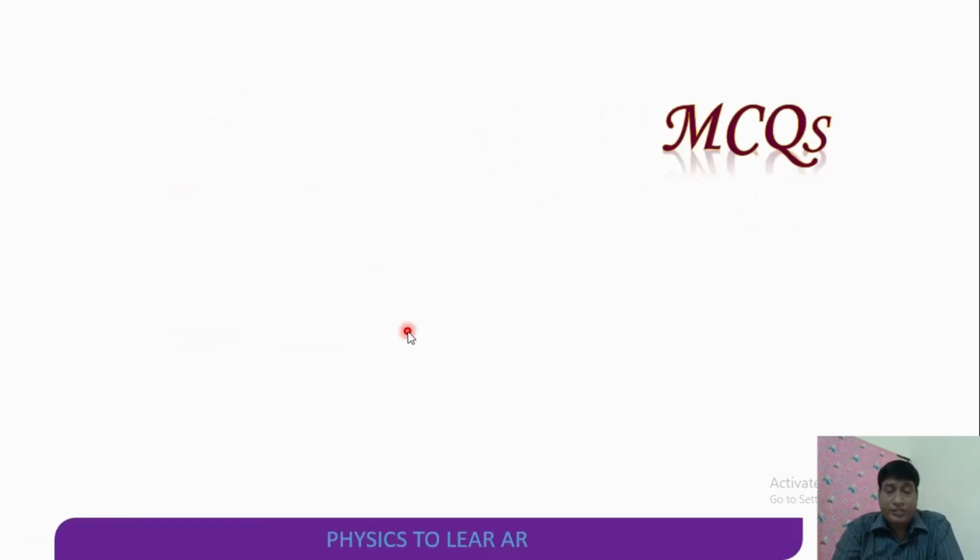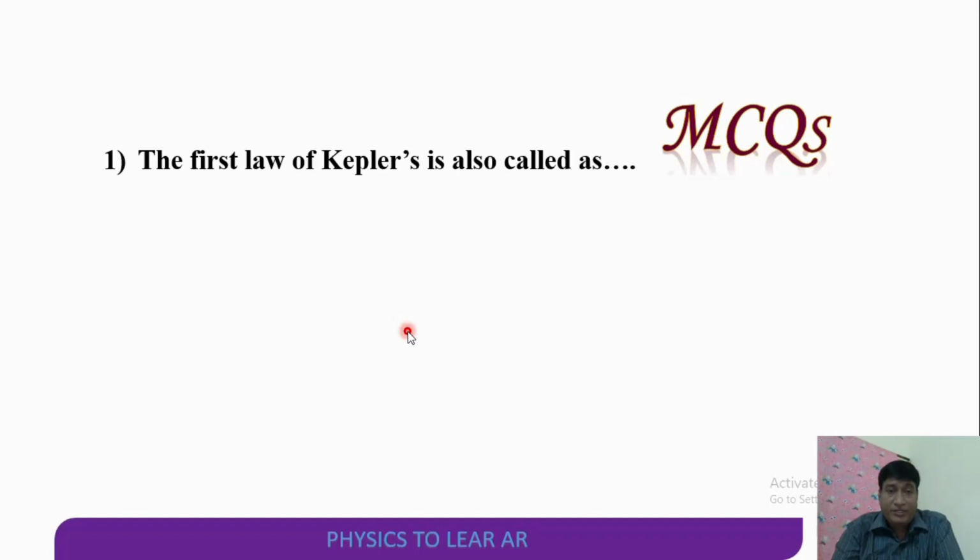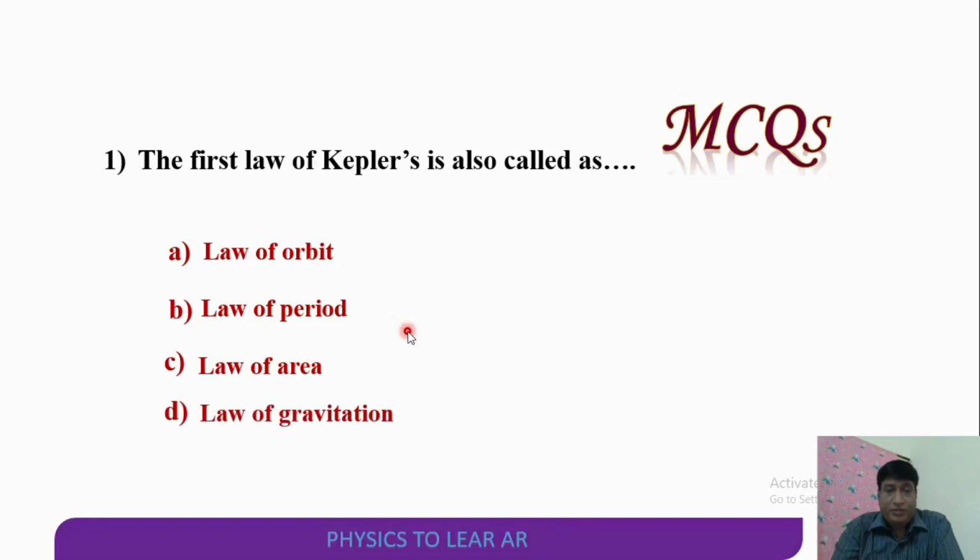Related to this, you can see an MCQ. The first law of Kepler is also called, so please pause the video and try to write the answer in the comments. The first law of Kepler is also called the law of orbits.